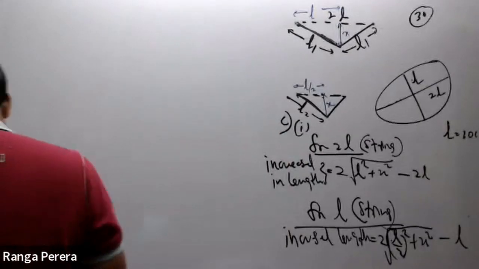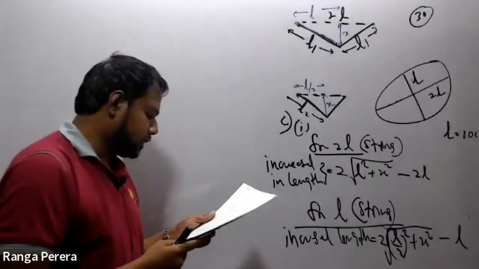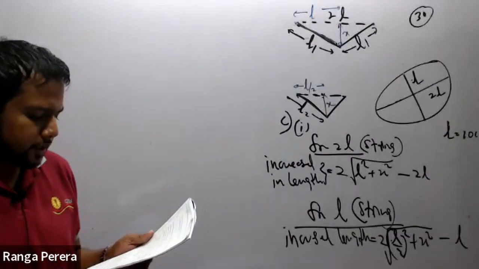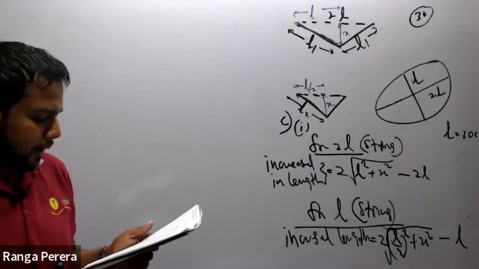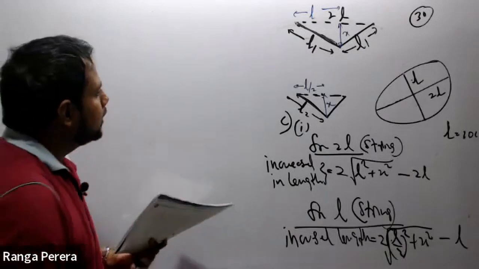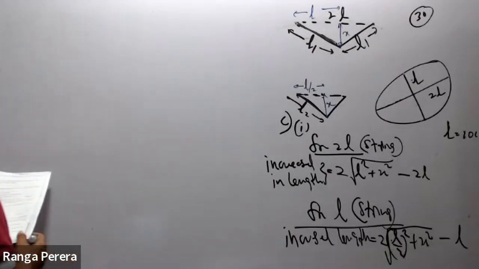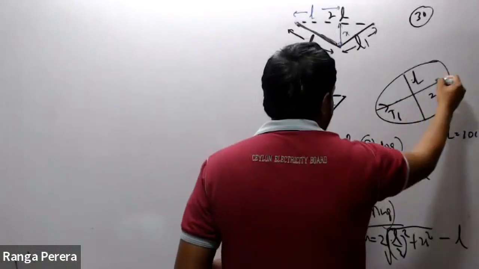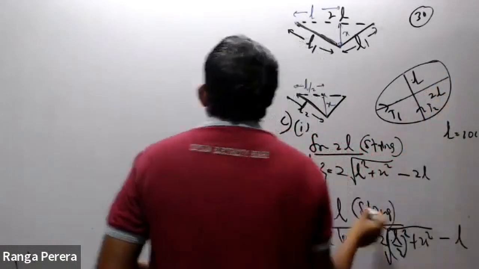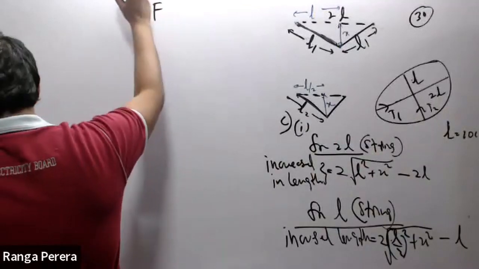Derive an expression for the tension of the two strings in terms of E, A, L and X, where E is the Young's modulus of the material of the nylon string. So now we can get the tension. Let's say the tension here is T1, the tension there is T2. Hooke's law we can apply.